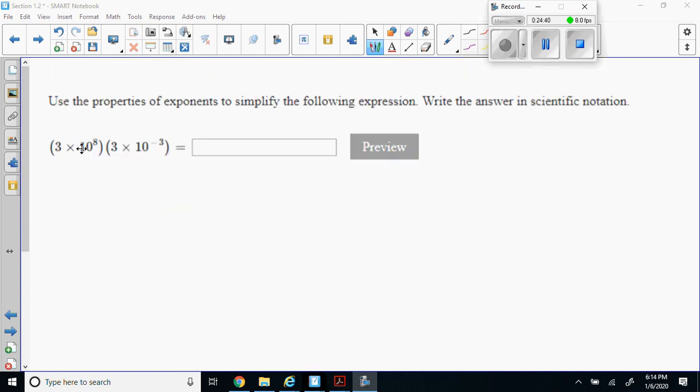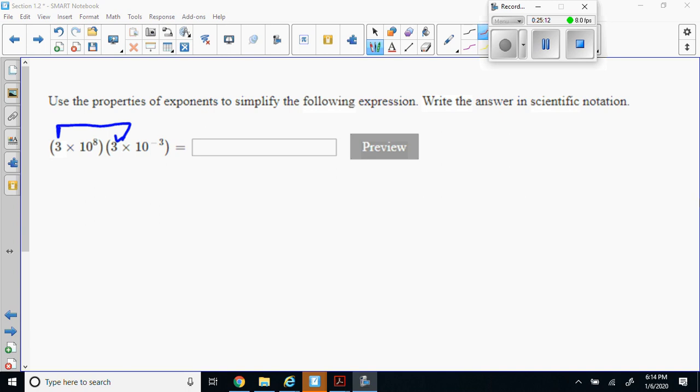Now, we're going to multiply them. So let me show you what we're looking at. When you're doing this, you're multiplying 3 times 3. I think they call it the mantissa. The number in front of the times 10 to stuff is called the mantissa. I'm pretty sure, don't hold me to it, but I'm like 99.9% sure. It's not a meniscus. So you multiply your mantissas together.